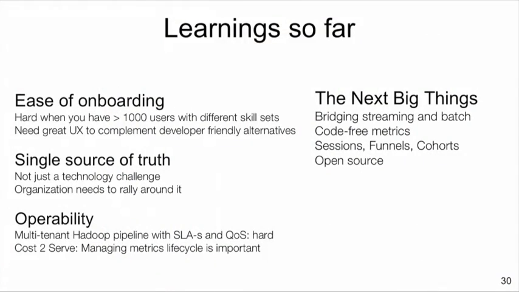So a few learnings to call out. One is, besides scalability, ease of onboarding is rather important when you have a large number of users with very different skill sets. You need a good user experience to make sure that this is something people are able to leverage well.